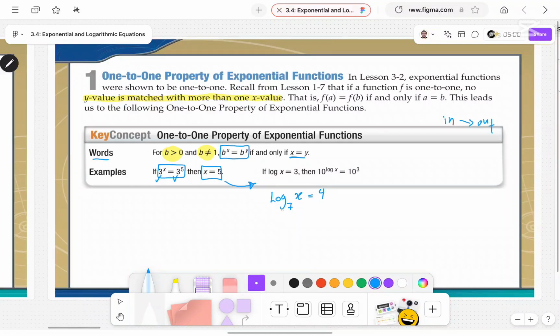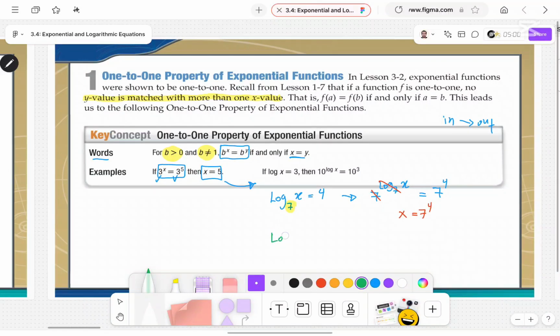Look at the base. The base is 7, so I raise 7 to the power of both sides: 7 to the power of log base 7 of x equals 7 to the power of 4. Now I can cancel the log with this 7, so x equals 7 to the power of 4.